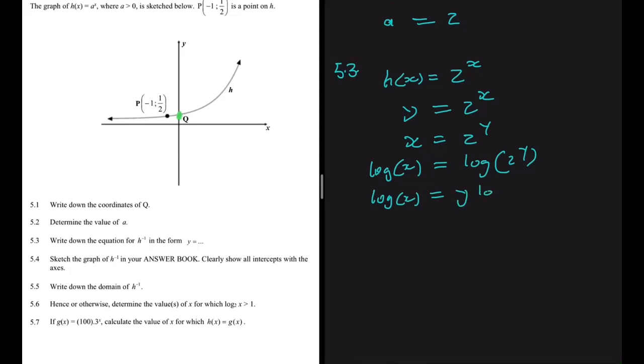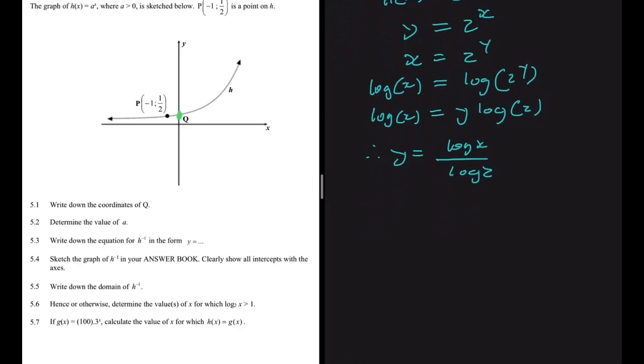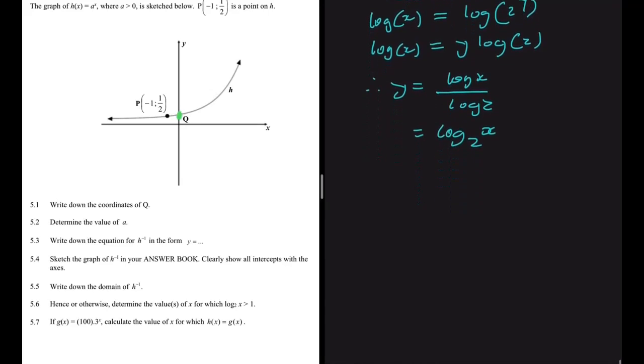And then log of 2. Now we're just dividing both sides by log of 2, so we end up having y equal to log of x divided by log of 2. And this is equal to log of x base 2. And just like that, we have our inverse, right?